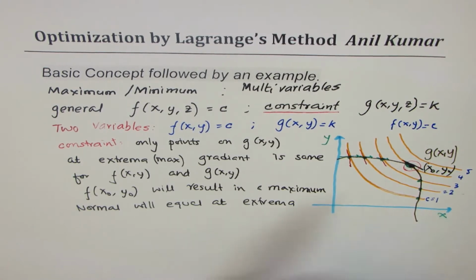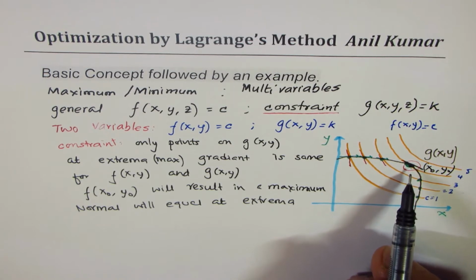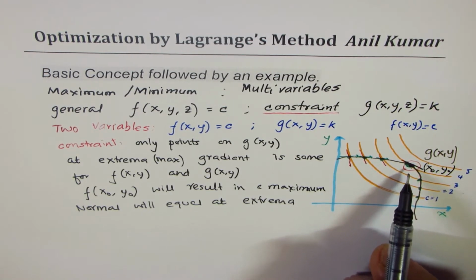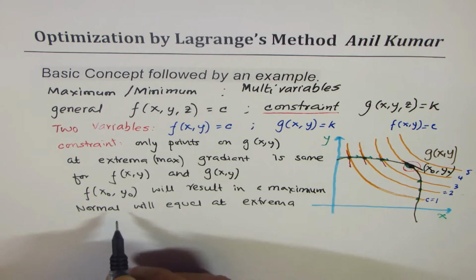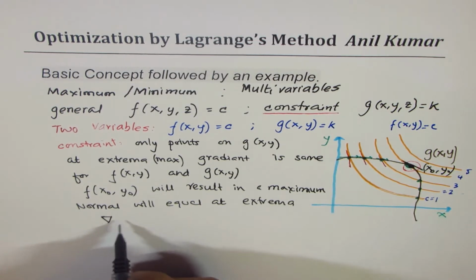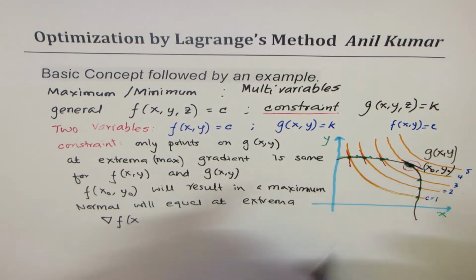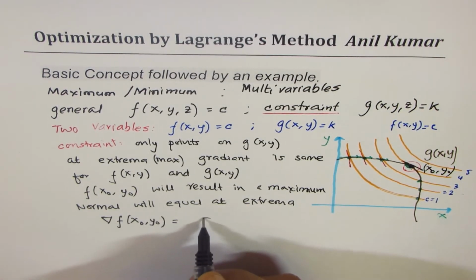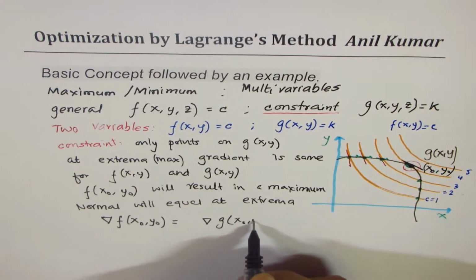So what we have learned here is that the gradient is same, normal is same, right? So same here means parallel. Parallel, if you have to equate it, we will use scalar multiple, right, as in vectors. So what we could write here is that the gradient for the function f, since I'm taking this point as x0, y0, is equal to the gradient for the function g at x0, y0.